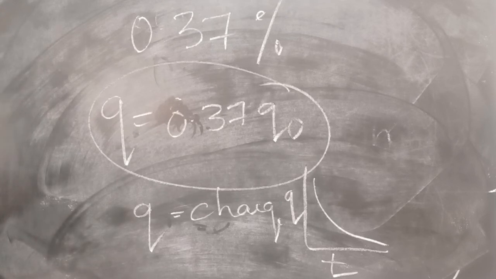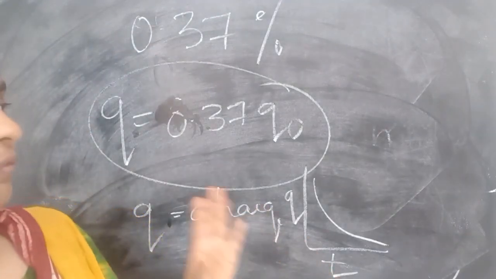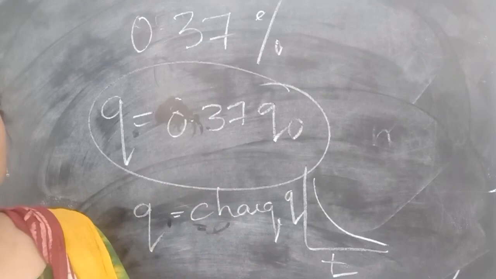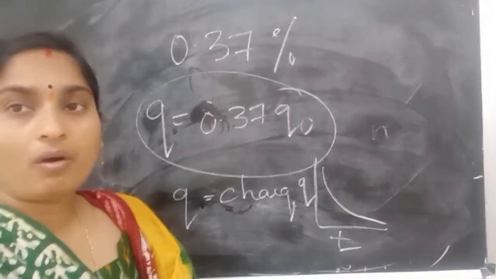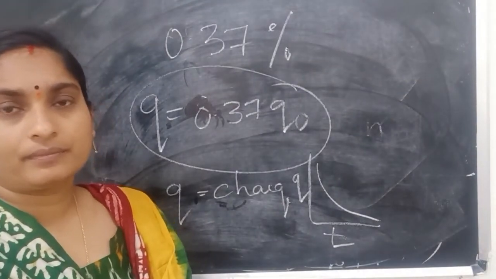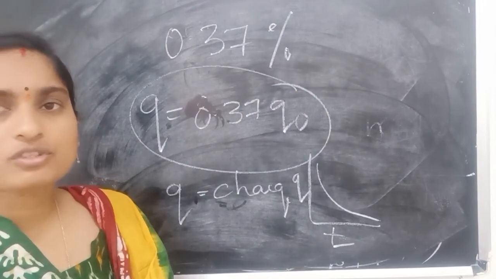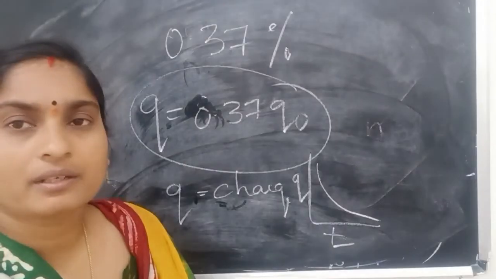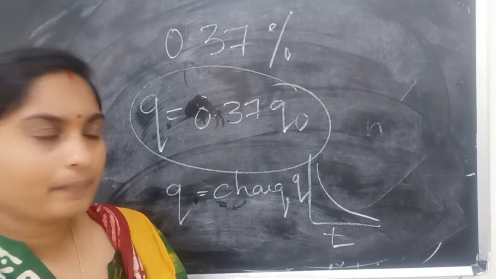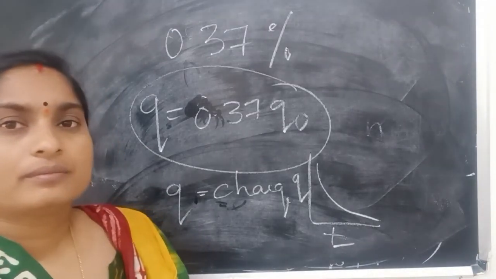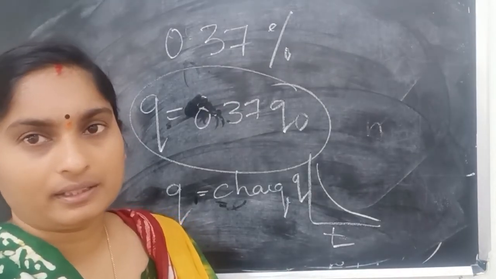From this I have given you some internal questions. How will be the density of charges in growth of current, whether it will be increasing or decreasing? And one more thing, what is decay of current? How much percentage is there for decay of current? Okay. And here, what is time constant? How is it calculated?